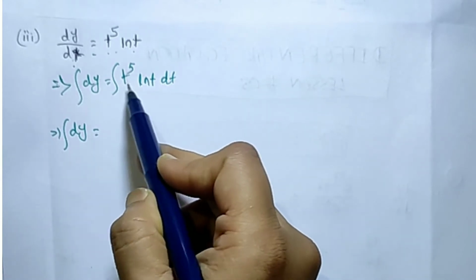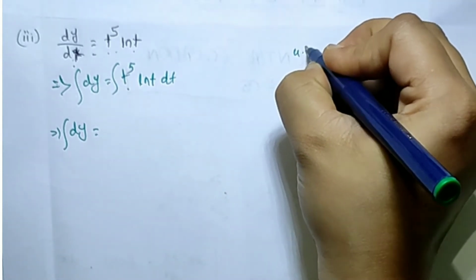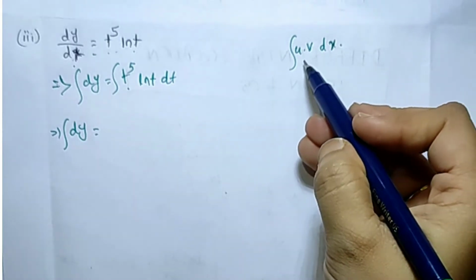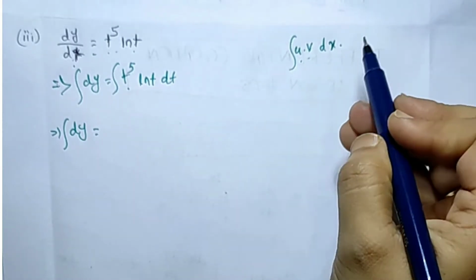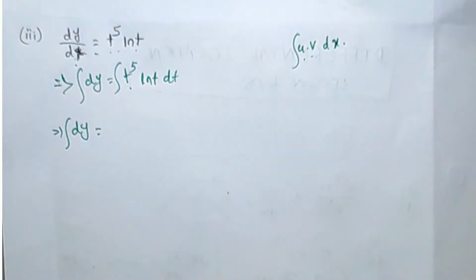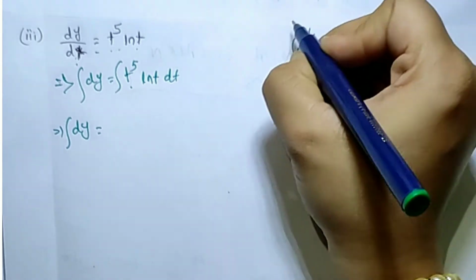Now if two functions are multiplied together, then we have to find it by the u into v dx rule. Okay, that is the ILATE rule. Yes or no? So this is also called what? Integration by parts rule.